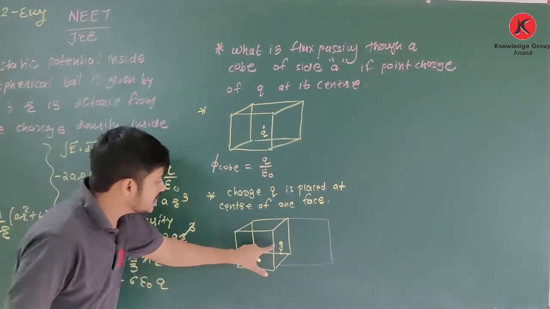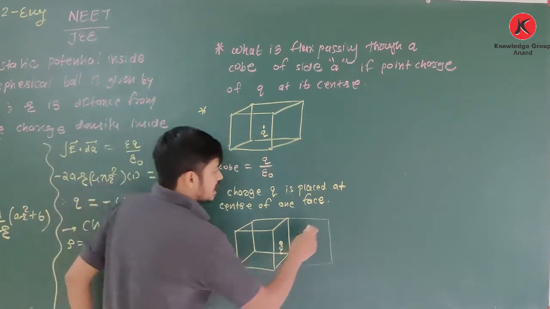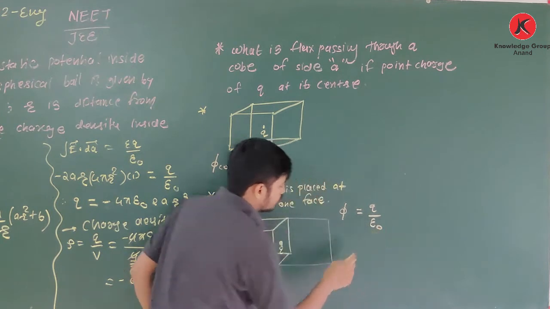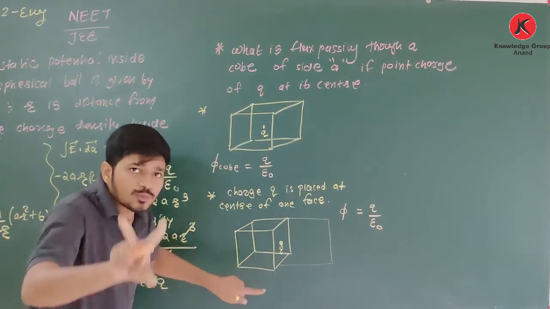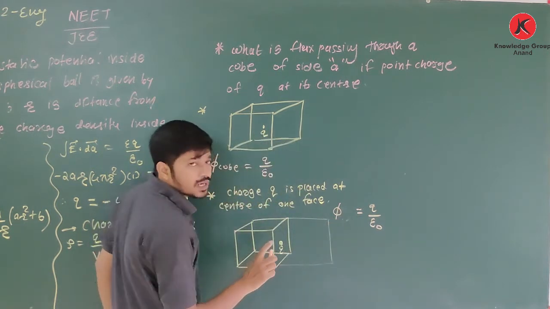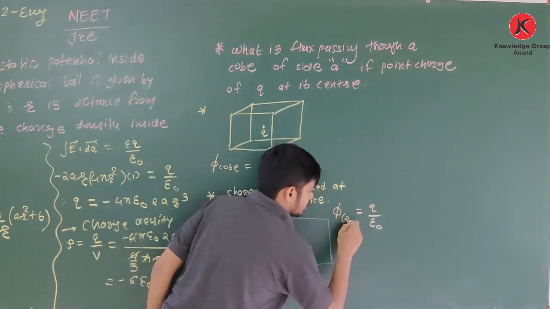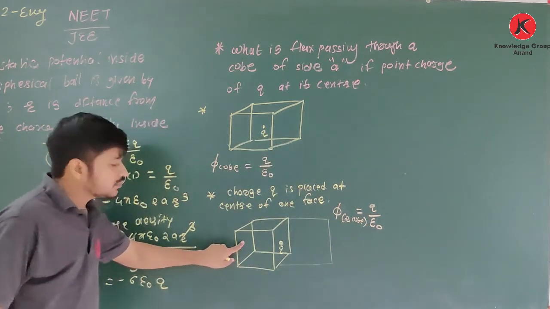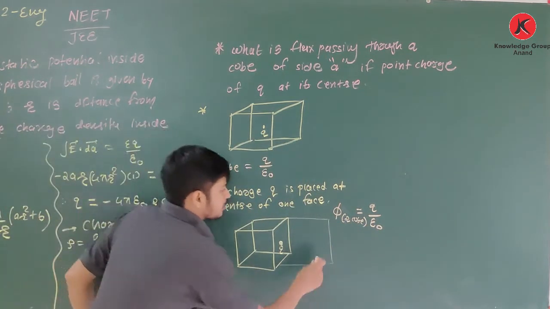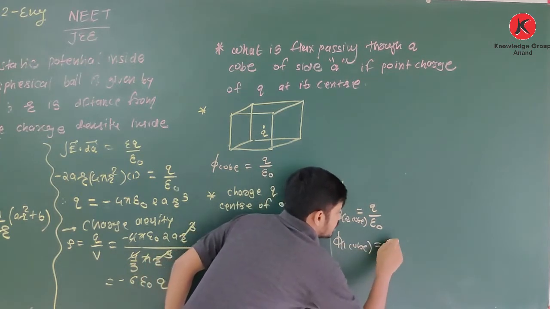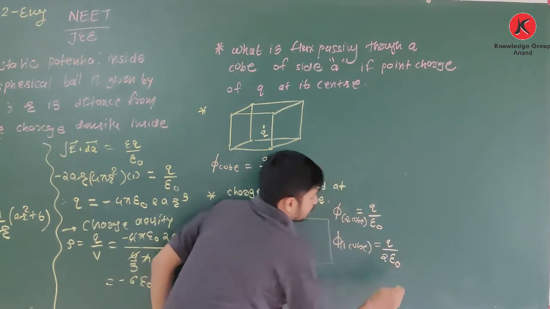So here if I use the equation phi is equal to Q upon epsilon 0, this charge Q is enclosed by 2Q, that's all. But we have to find the flux passing through only one cube. Then the flux passing through only one cube is its half, that is Q upon 2 epsilon 0.